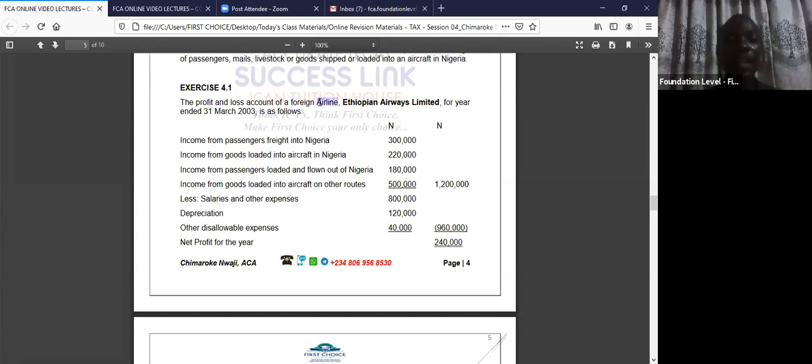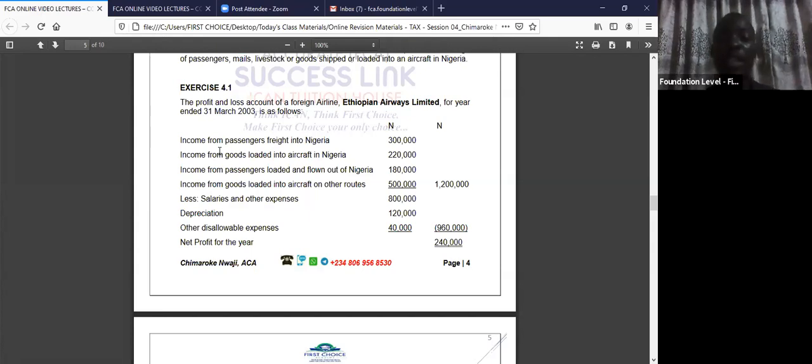Once it is airline or shipping, you start suspecting. Secondly, foreign, it clinches it. Now, they have given you the name Ethiopia Airlines. That's fine. Foreign airline, you'll be thinking about specialized business. Now, this is 2003, March 31. It's still going to be preceding year basis. So now let's look at this, even without looking at required, because we know this is specialized business.